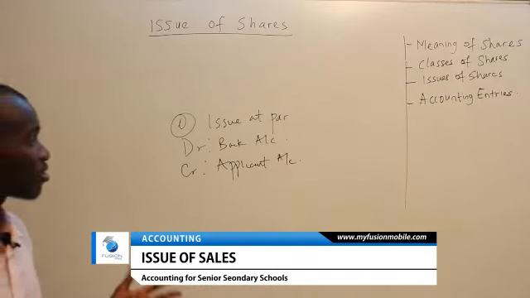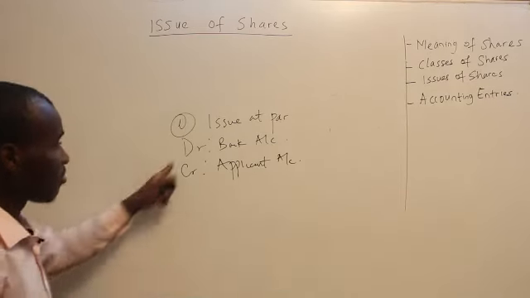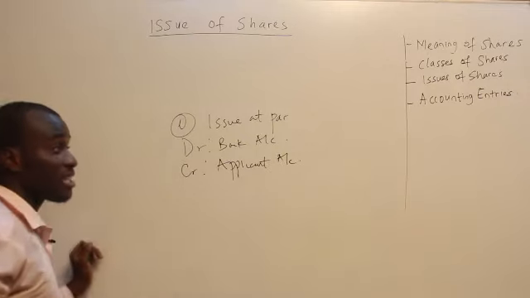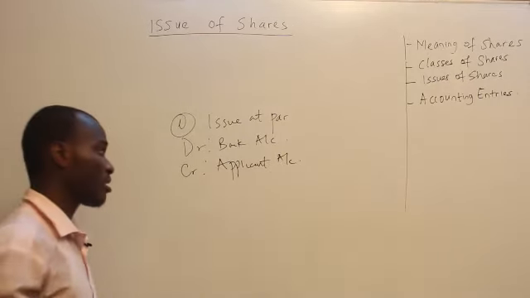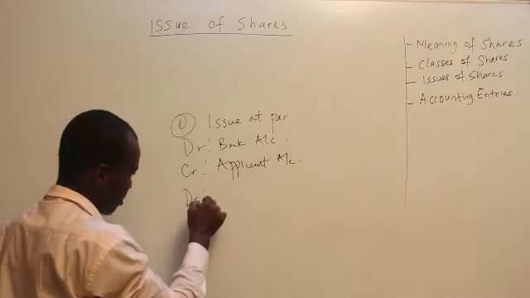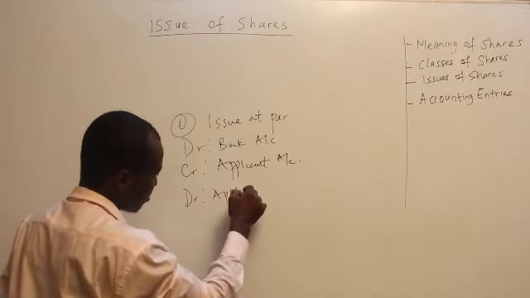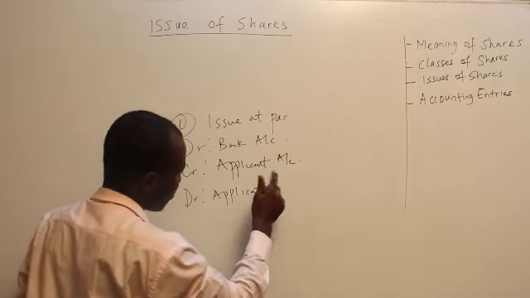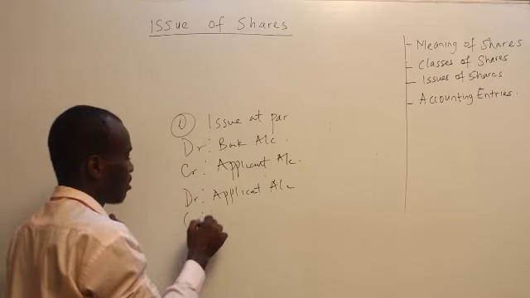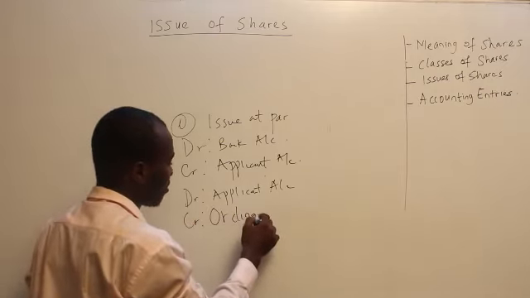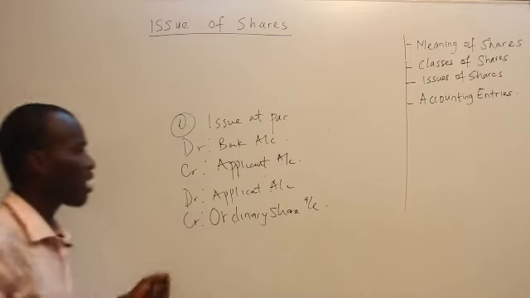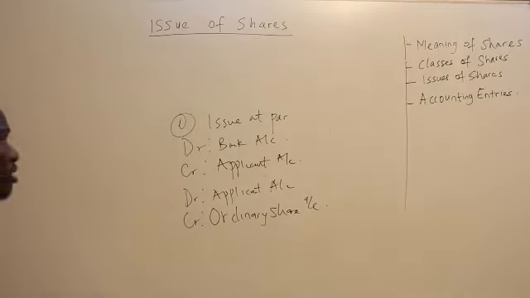And again, if the share is finally issued to applicants, we are going to debit the applicant account and credit the ordinary share account. So that is the accounting entry when the share is being issued at par.